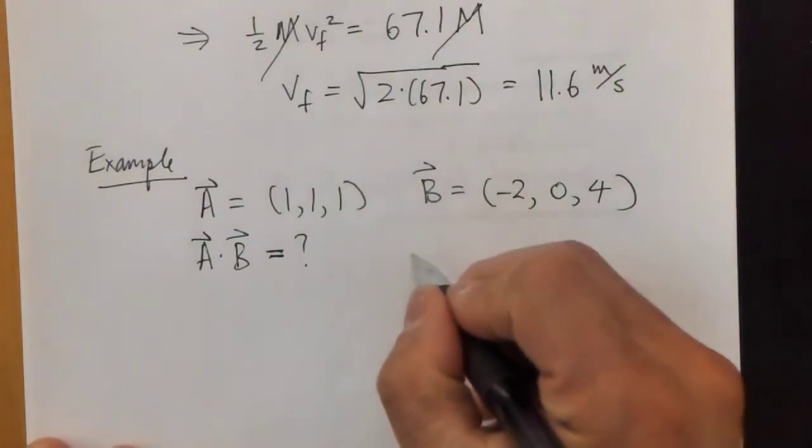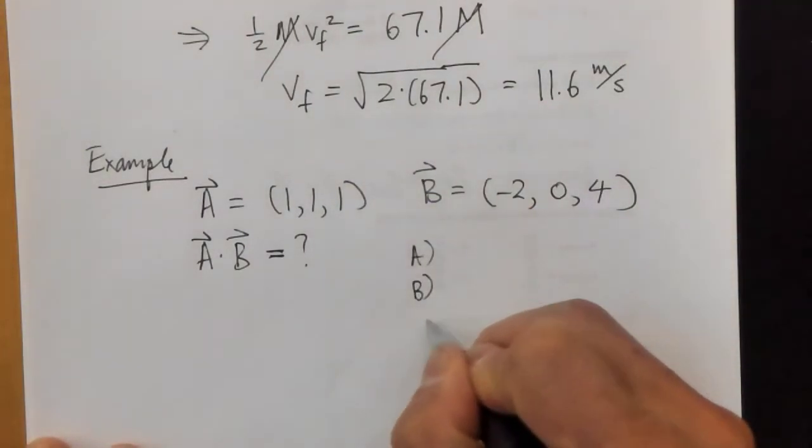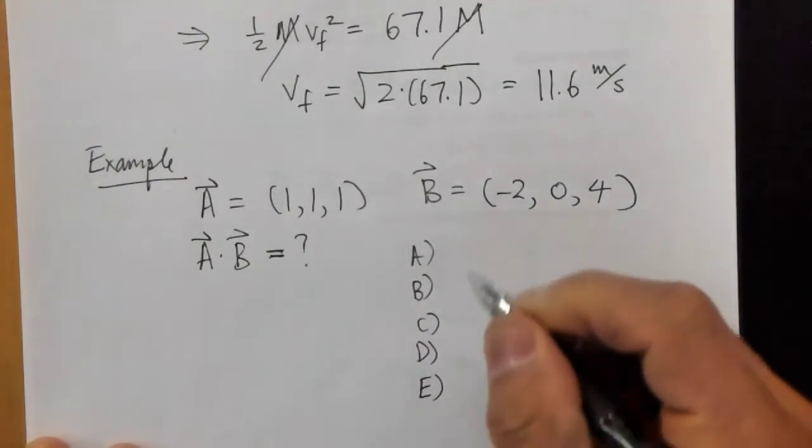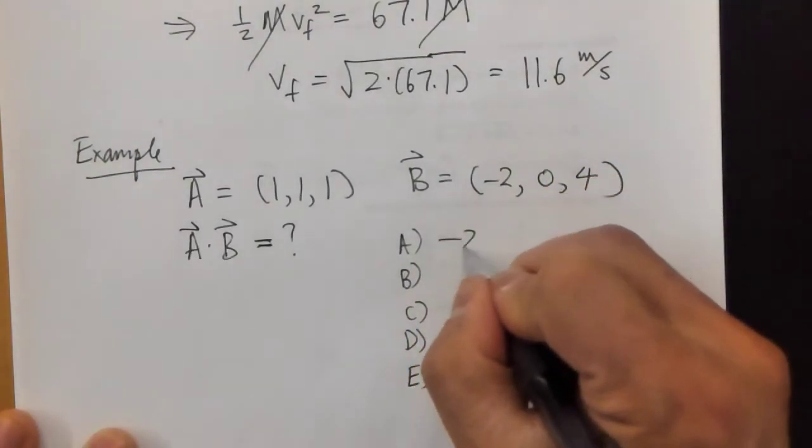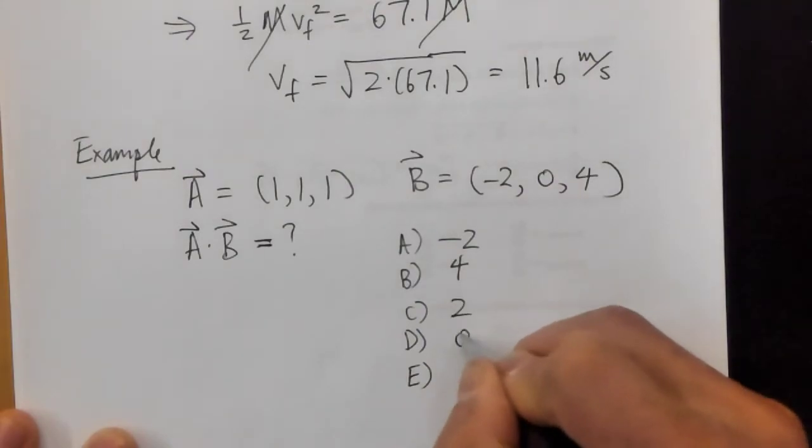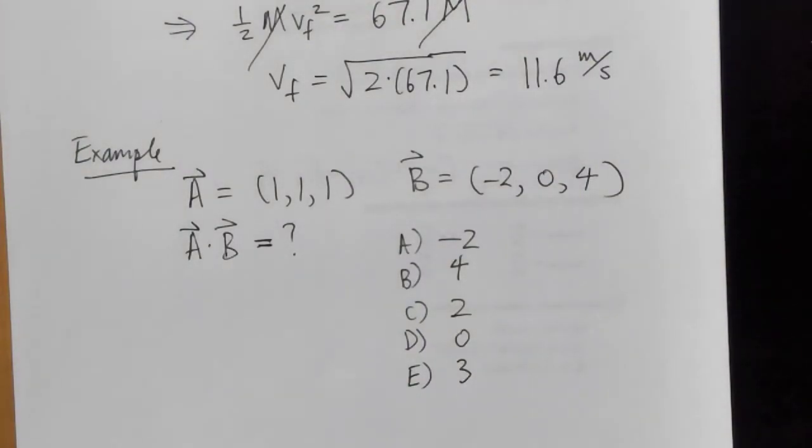So the question is, what is A dot B? Okay, the value choices are right.